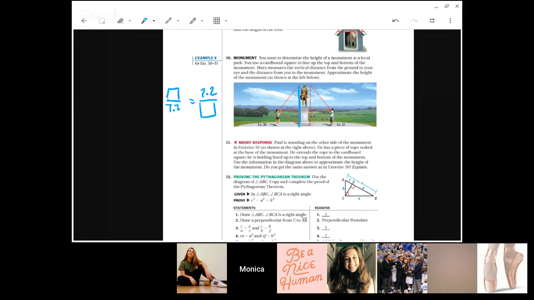Here and here. Okay, X and 5.5. Now, it doesn't matter which one you put where, it's going to be the same thing. So you're going to have 7.2 squared equals 5.5x. Okay.